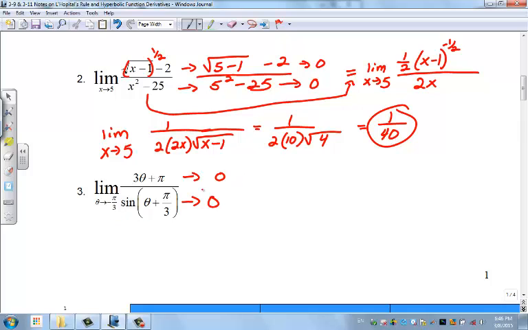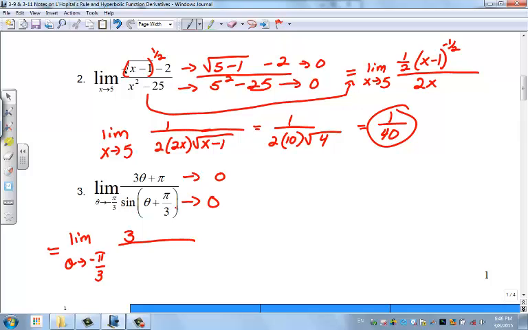So we go ahead and we say that this limit is equal to, and I'm going to come down here for this next part, the limit as theta approaches negative pi over 3 of derivative of 3 theta is 3, derivative of pi is 0. So you get 3 on the top.